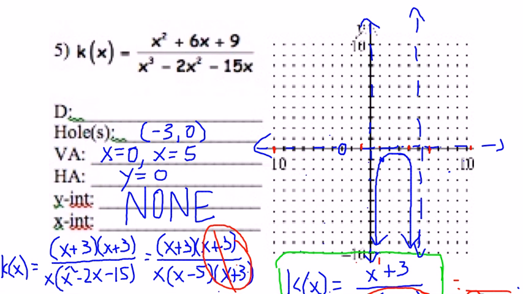Now, let's look at the vertical asymptote x equals 0. Well, on the right-hand side of that asymptote, we're going down. So that means that on the left-hand side of the asymptote, we have to be going up, because it is not a double asymptote. It has to kind of go through the hole, and then it's going to dip down below, but it's not going to cross the x-axis again.